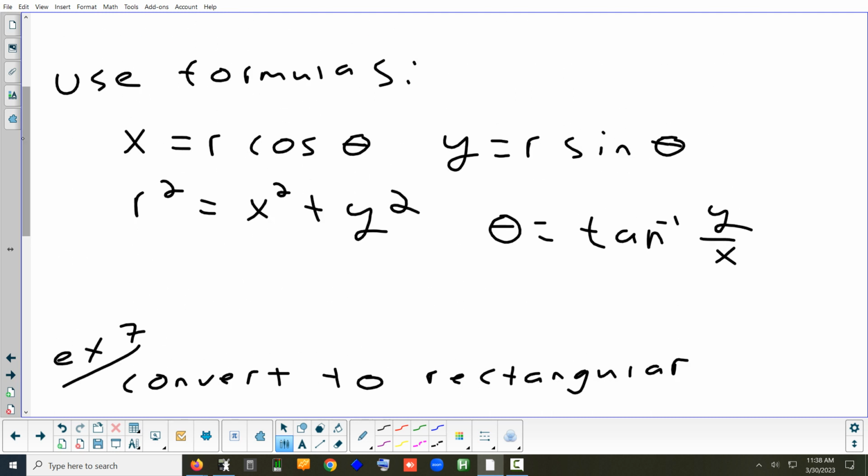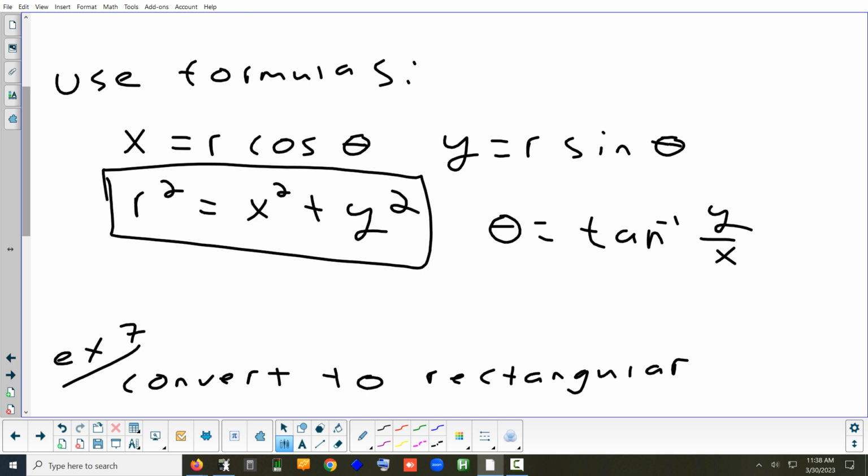Yeah, that was from yesterday. That's the Pythagorean theorem to solve for r, based on the x and the y, like the base and the height. So all these formulas come from yesterday. 2 of them we use when we're converting to polar. 2 of them we use when we're converting to rectangular.